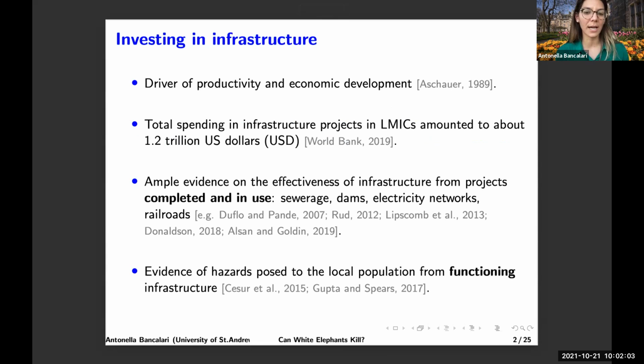On the positive side, we know that sewerage, once completed, can improve public health. Dams, electricity networks, and railroads can improve productivity and reduce poverty. On the negative side, some infrastructure projects like coal plants or irrigation dams can also create hazards to the local population. But all of these are based on infrastructure projects that are already functioning.